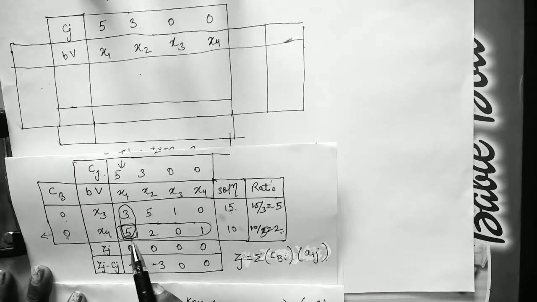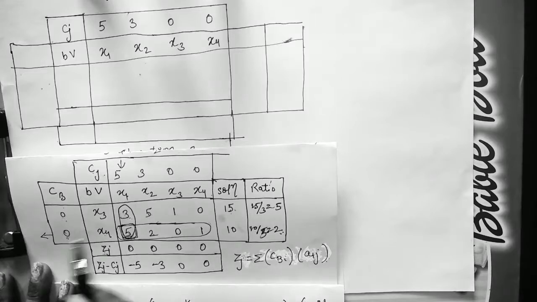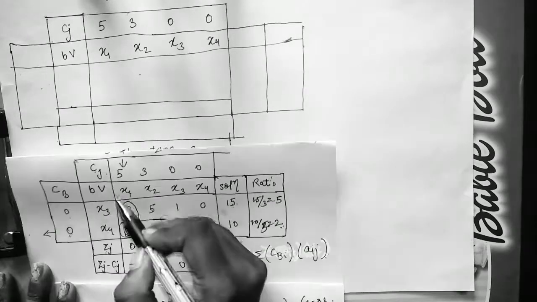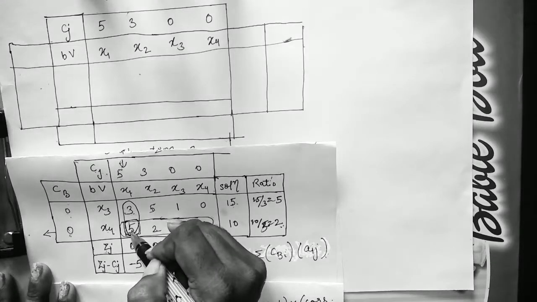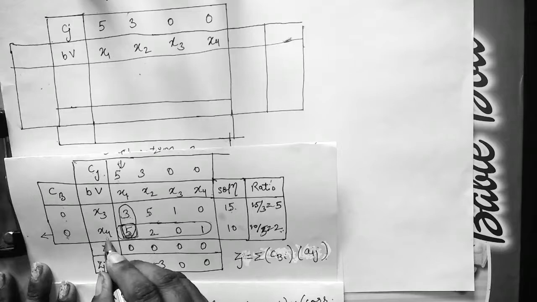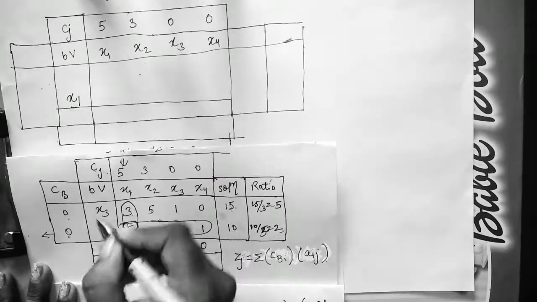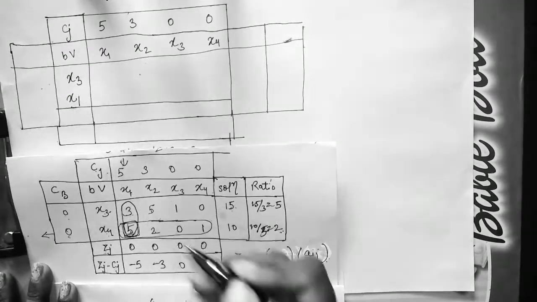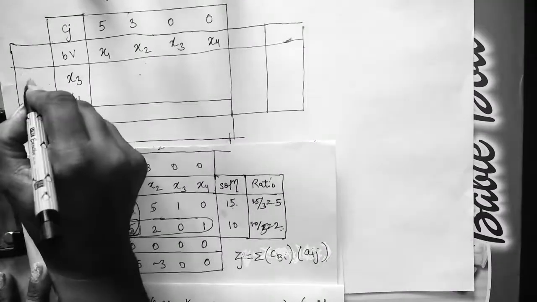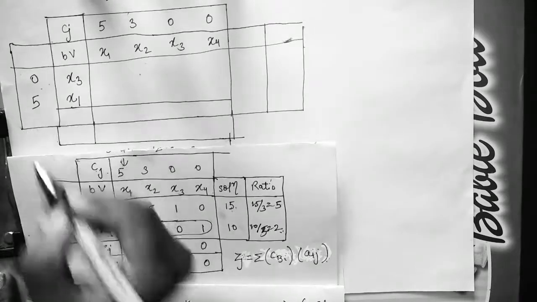Now 5 is the key element, and this row, that means the variable x4, will be the departing vector, and this column will be the entering vector. So in place of x4, here we will put x1, the entering variable. This will remain the same as it was in first iteration. Coefficient of x3 is 0, coefficient of x1 is 5, here we will put 5.